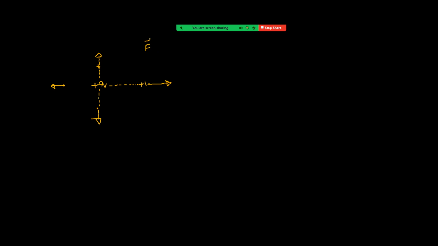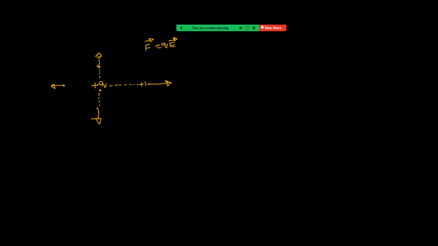F bar equals Q into E bar. When Q is plus 1, F bar and E bar are the same. So we are imagining lines along the direction of the electric field, and we call these electric field lines.